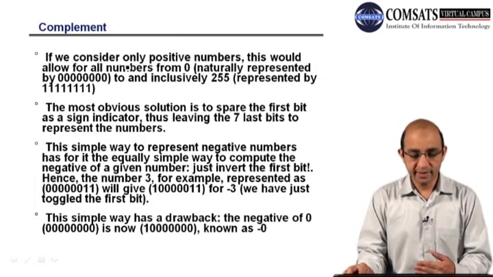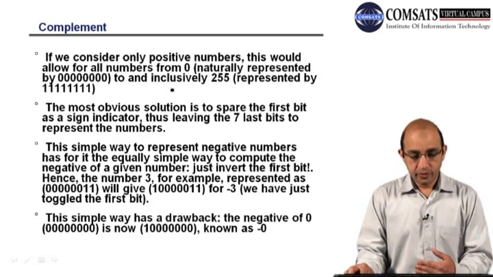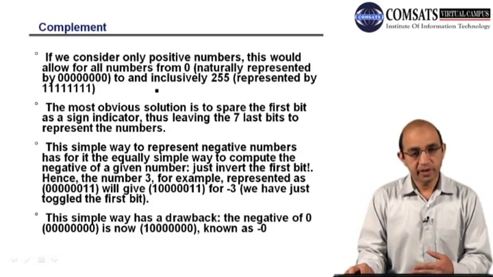Let's take an example. If we have 8 bits, we normally have 256 unique combinations. We start from 8 zeros and go up to 8 ones.